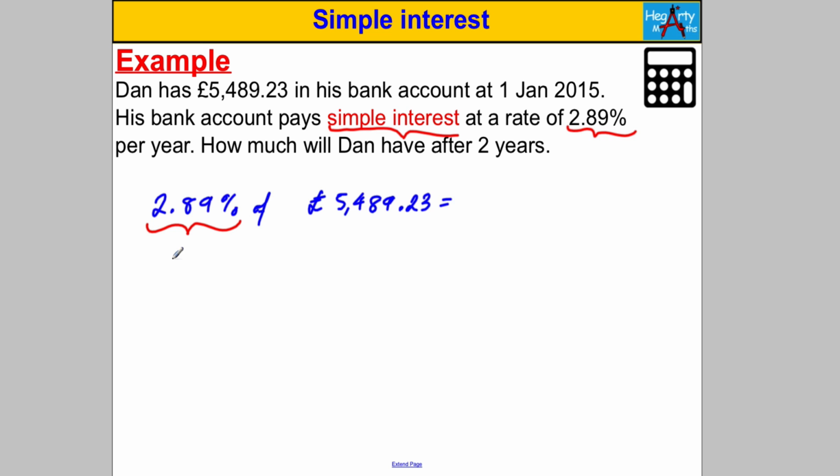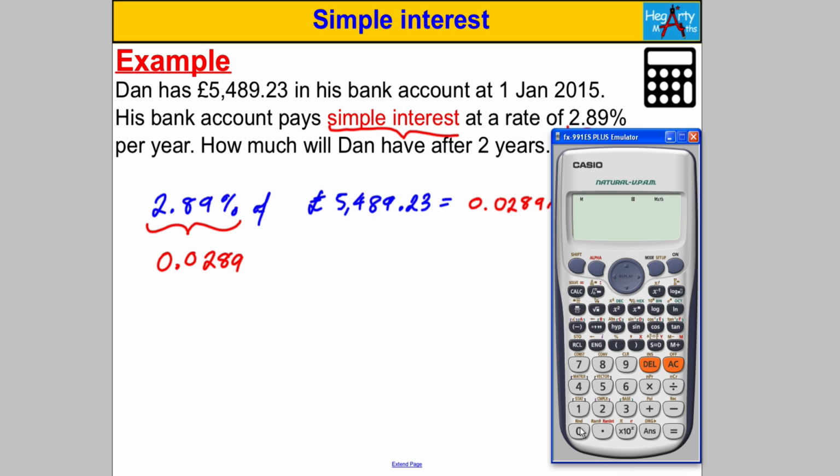That, written as a decimal multiplier, is 0.0289. Okay, so we're going to do 0.0289 and we're going to multiply it by £5,489.23. So calculator up, 0.0289 multiplied by 5489.23 equals, and we get the following answer there.